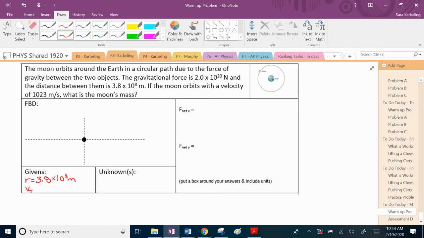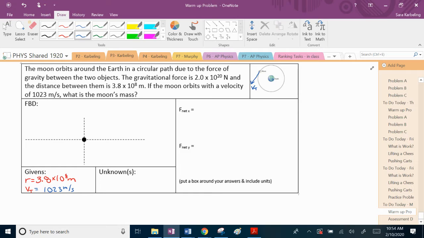Straight line, right? Straight line tangential velocity. It looks like this. It would go straight out like this. Yeah, in that direction, pretty darn fast, friends, at 1,023 meters per second. You don't realize how fast it's going, but everything's really big, so it's got to make a long path in those 30 days.